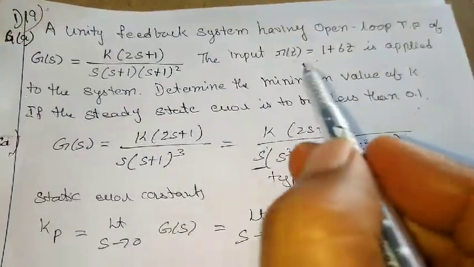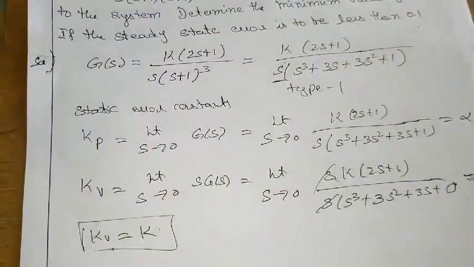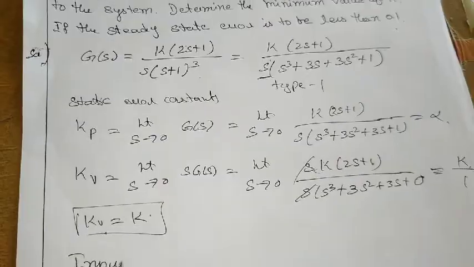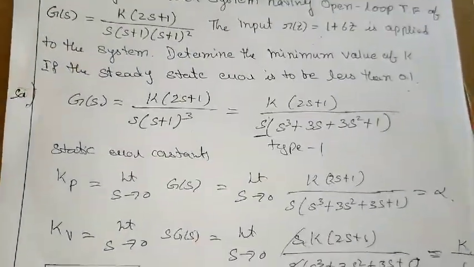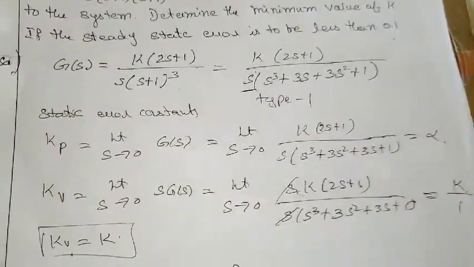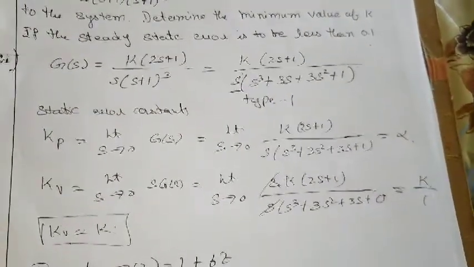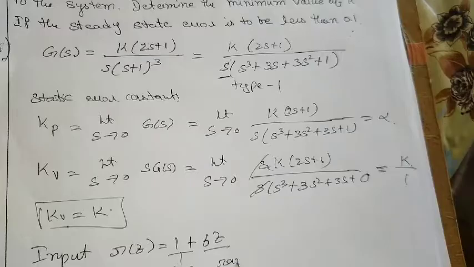Now for the input R of t, my input R of t is 1 plus 6t. I have two inputs, one is step input and another one is ramp input with magnitude 6.